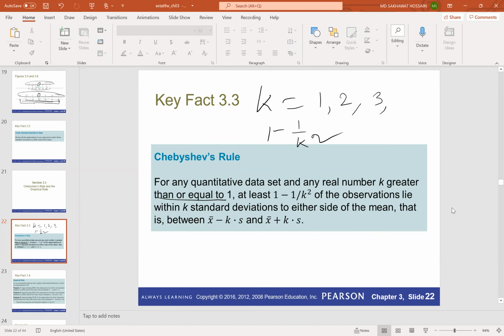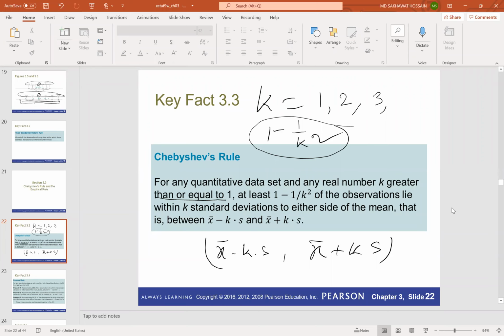So if you take k standard deviations on either side of the mean, then 1 minus 1 over k squared of the numbers will fall within k standard deviations. That means 1 minus 1 over k squared of the numbers will be between x bar minus k times s and x bar plus k times s.